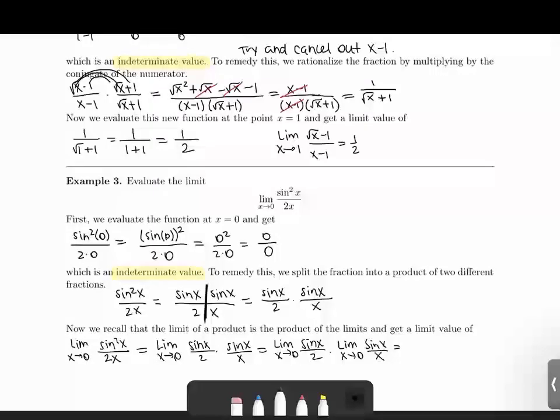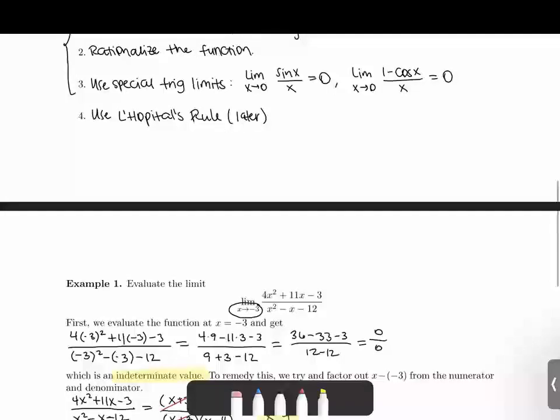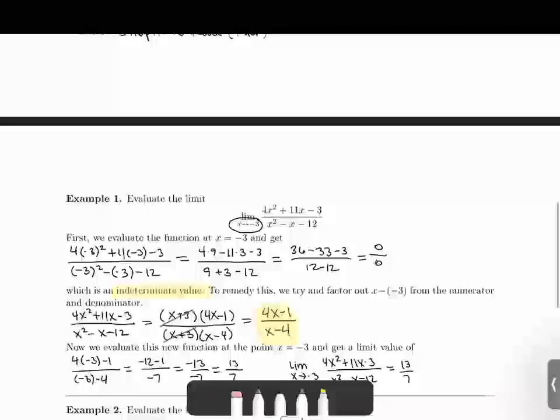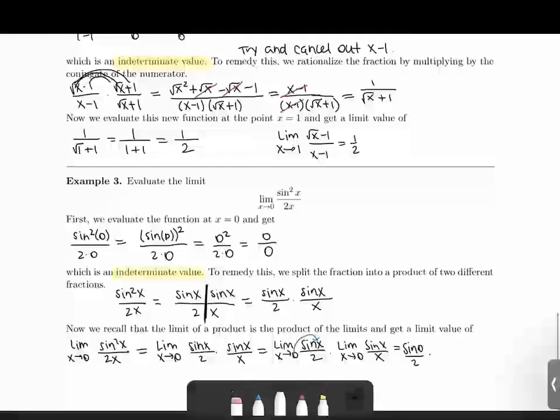For the limit of sine of x over 2, we're just going to plug our 0 into x. So this is going to be sine of 0 over 2. Our second limit is our special trig limit. Remember that sine of x over x is our special trig limit, which, if we reference above, is going to equal 1. Then this is multiplied.